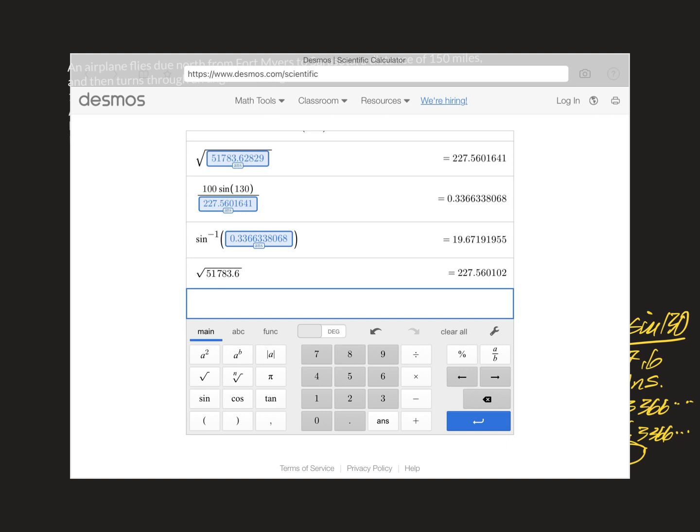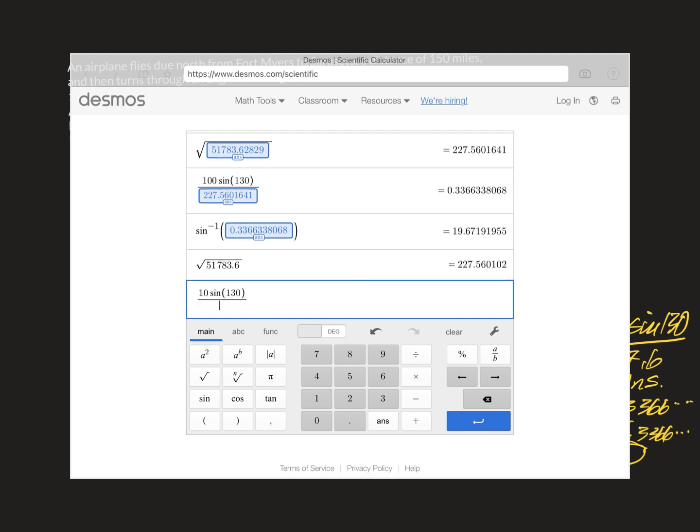So then we take 100 sine 130, and then we divide that by 227.6, so we round off again. Now notice that gives 0.3365, not 66.